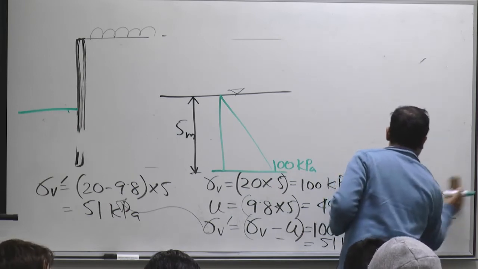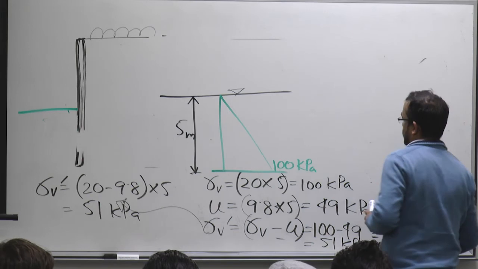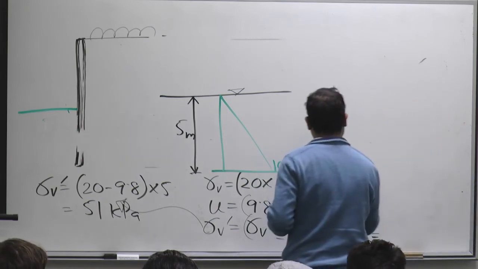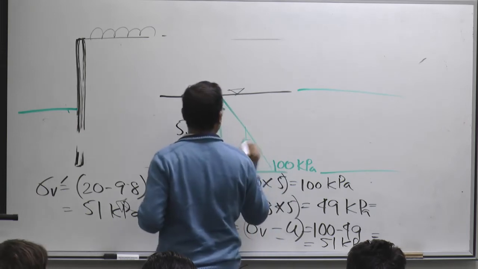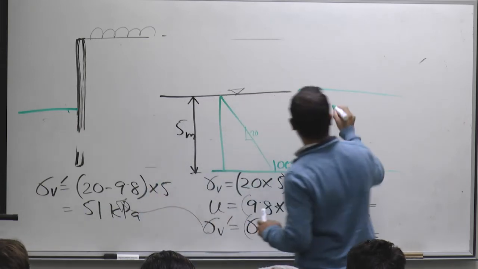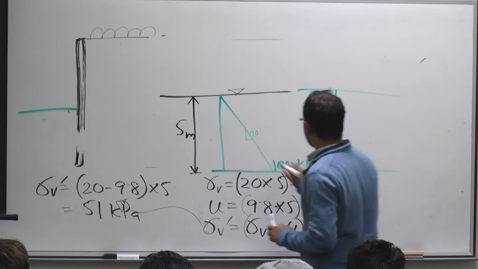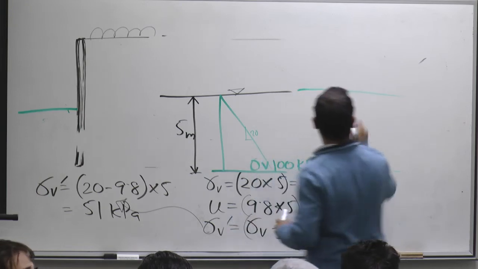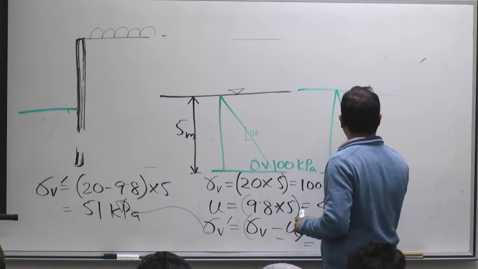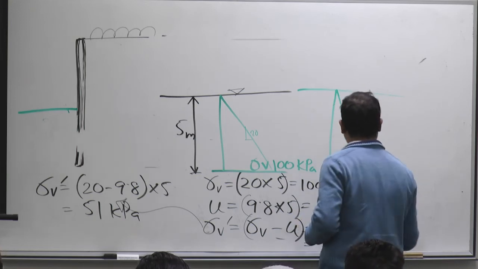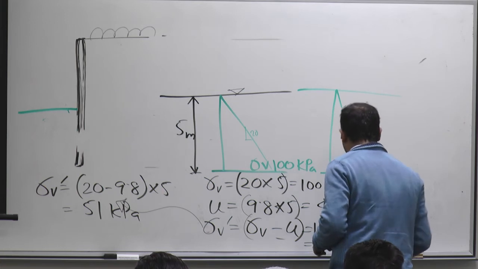We derive whatever we need. As I said, that would be the slope. That is 20 over there. For pore water pressure, sigma W would be, this is 9.8. So we find it how much? 49.